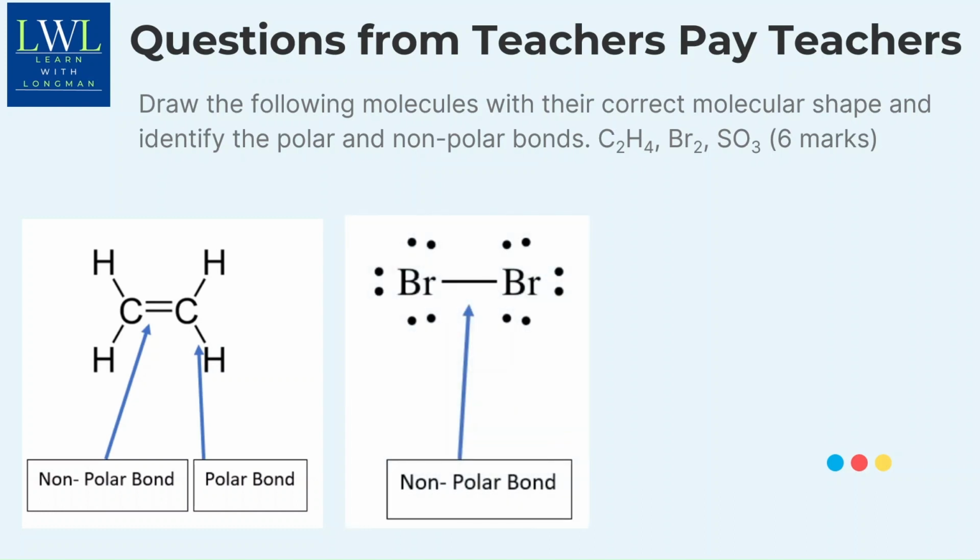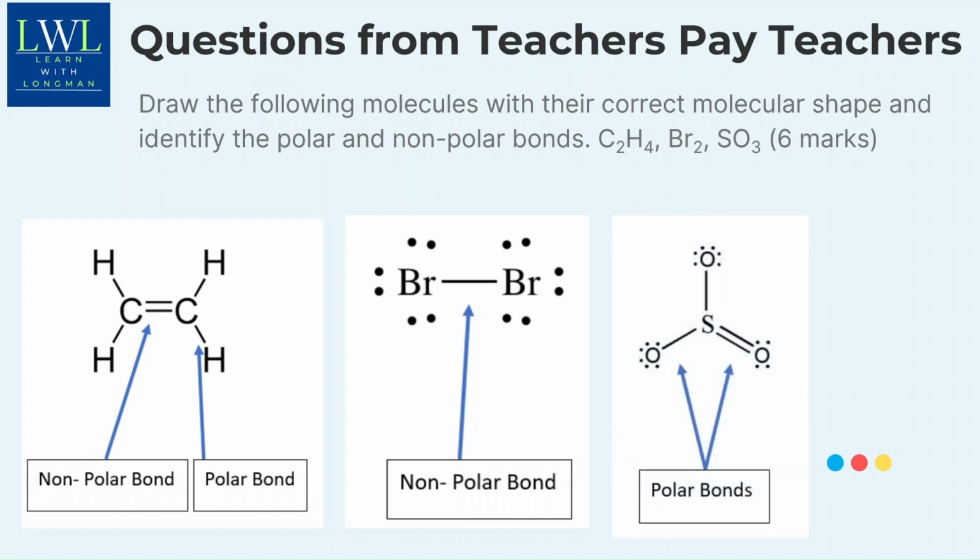Our second molecule is bromine gas. Bromine, containing 2 bromine atoms of equal electronegativity, is a non-polar bond. Sulfur trioxide contains polar bonds. We have a sulfur atom in the center and 3 bonded oxygens to the sulfur atom, which produces a trigonal planar geometry.